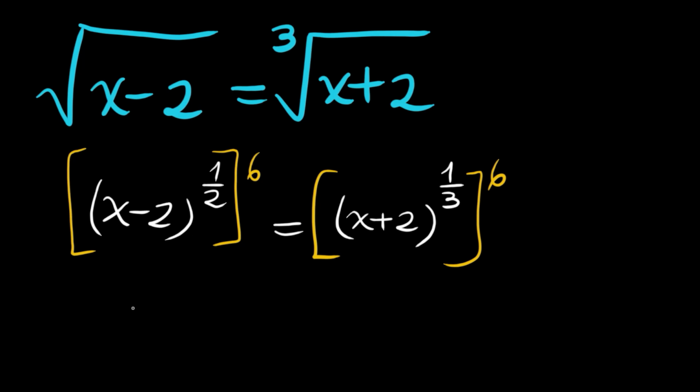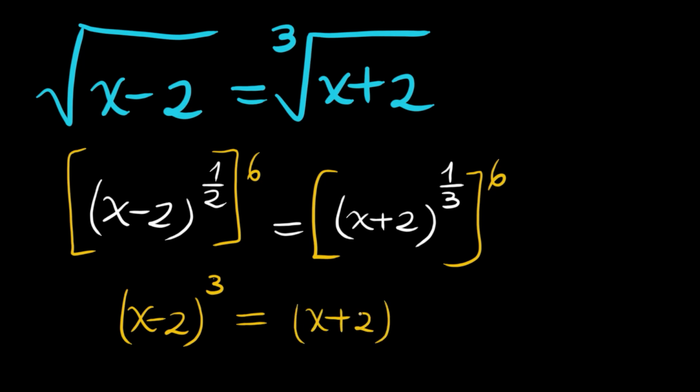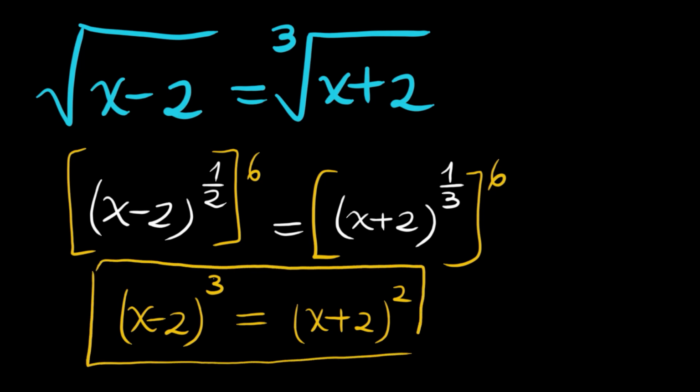Then we will have (x minus 2) multiplying these two powers. We have (x minus 2) cubed is equal to, and here we will have (x plus 2) squared. This is the relation here.